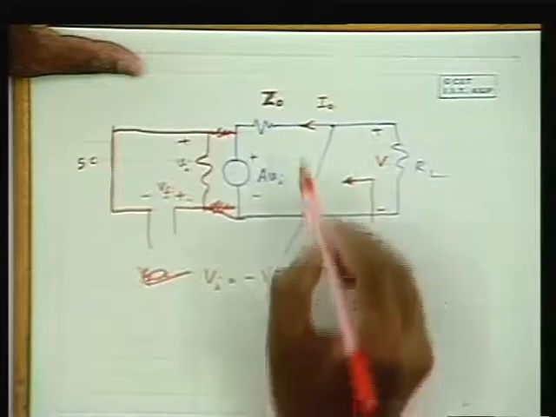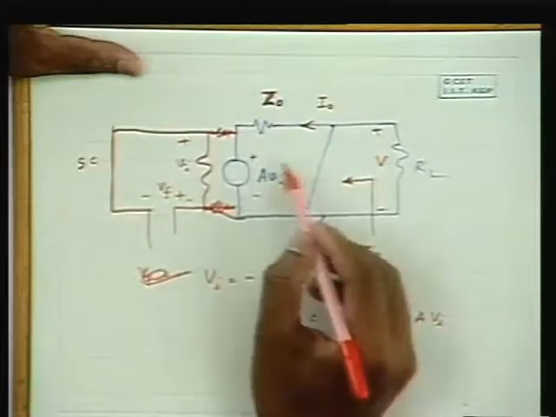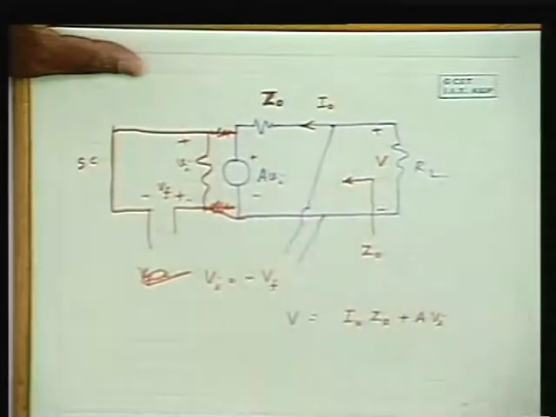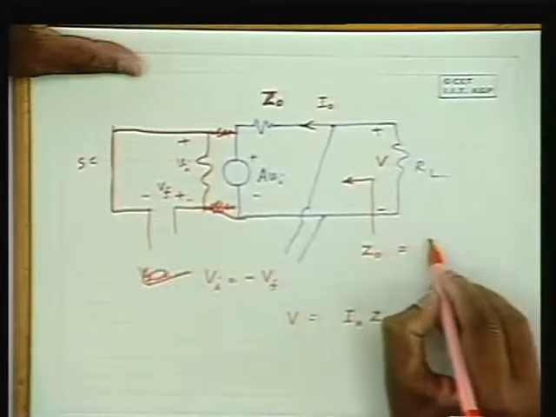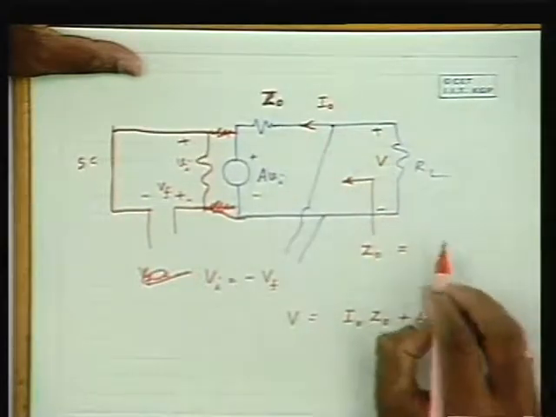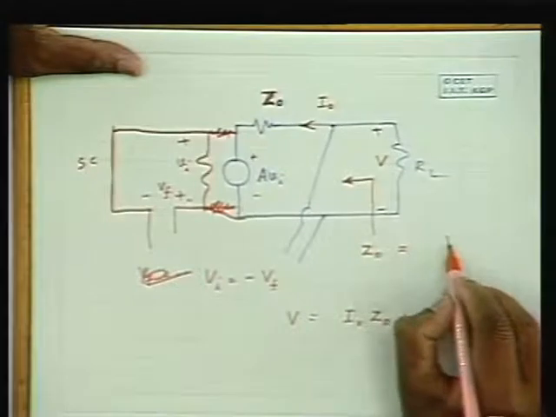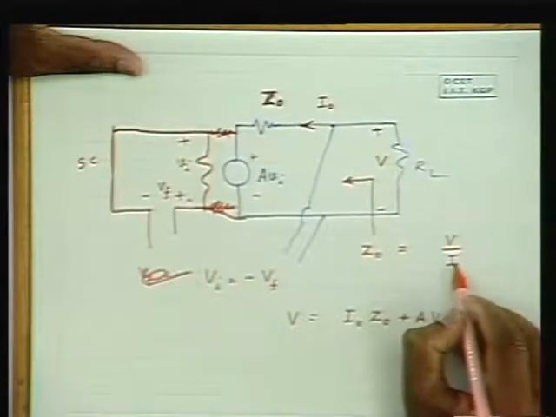So V is equal to I naught into Z naught plus A times Vi. Now, to determine the output impedance, I have to find I naught for a given V and divide V by I naught.